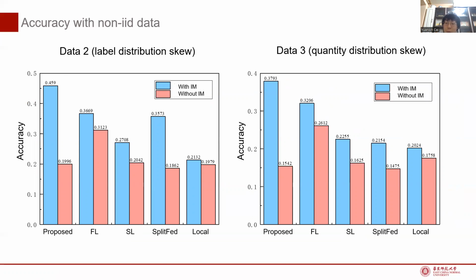But the gap between blue and red in our algorithm is the largest. We speculate this is because the distillation function allows users' models to learn from each other. When their distributions are not the same, the accuracy may be reduced. But the incentive mechanism, which narrows the gap between their distributions, greatly improves the accuracy.